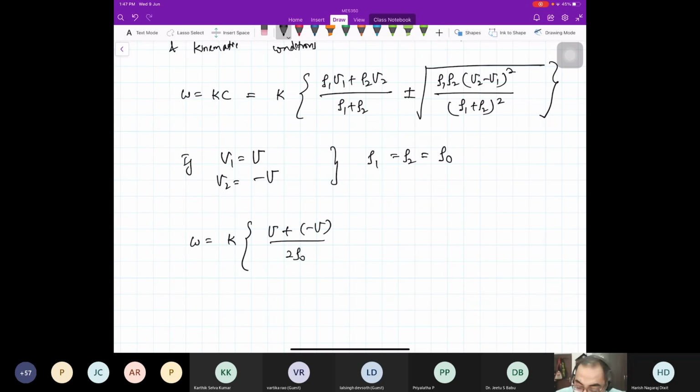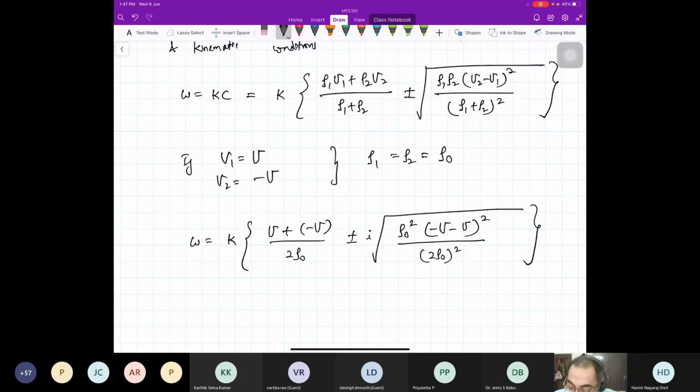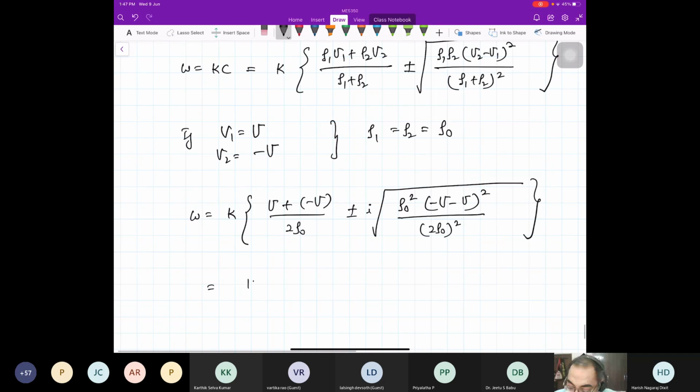Plus or minus the square root of rho1 into rho2, which is rho naught square, times u2 minus u1, which will be minus 2u whole square, divided by rho1 plus rho2, which is 2 rho naught whole square.